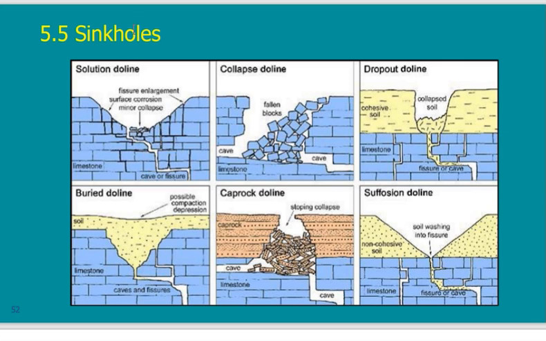So water coming on top, dissolving some of the rock, and the water going in these caves or fissures, so this ends up with something like this. This is called a sinkhole.